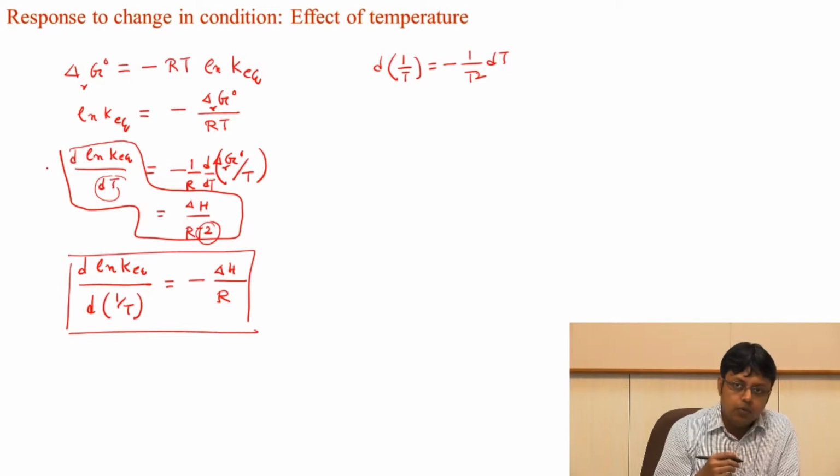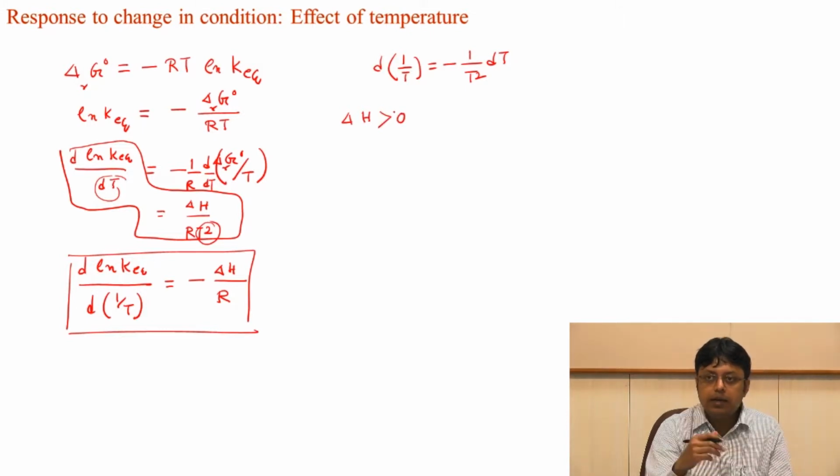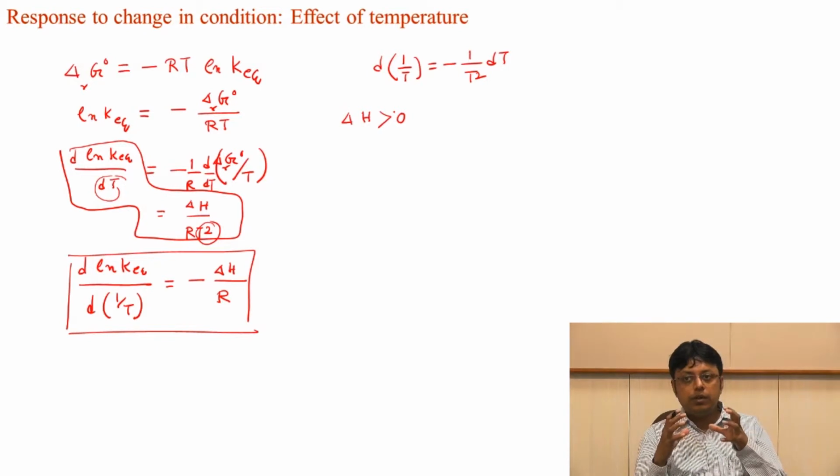Now when the ΔH for the reaction is, say, positive, which means it is an endothermic reaction. Remember that ΔH is the heat change associated with the reaction, and heat change positive we say by our convention when the surrounding supplies energy to the system.